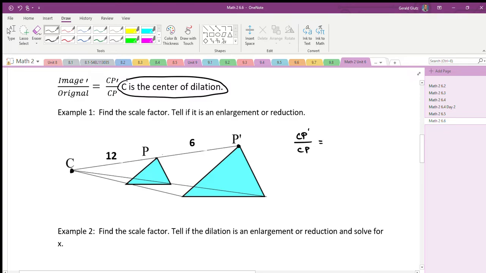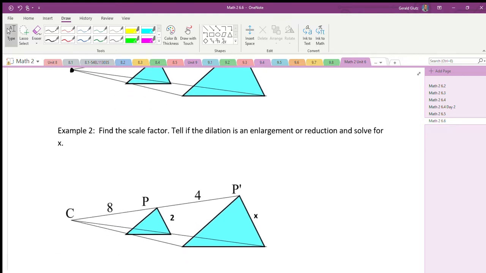The length from C to P prime would be 12 plus 6, which is 18. The length from C to P is 12. We never want to leave fractions that we can reduce, so 6 goes into 18 three times, and into 12 two times. So our scale factor is 3 over 2.